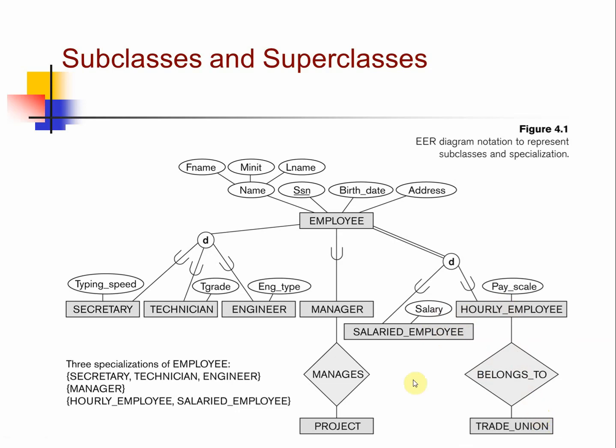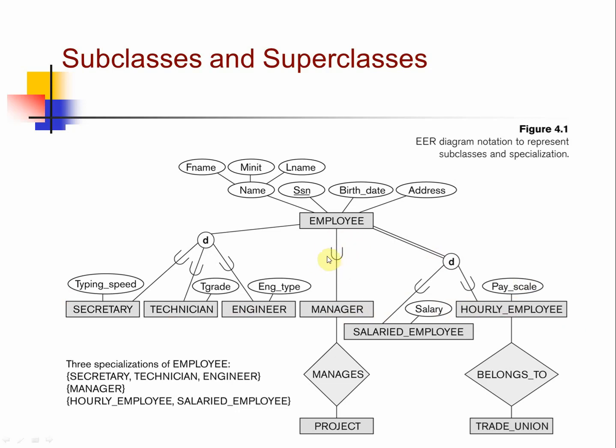So you can see that based on this EER diagram, of course, the difference is that you have the superclass and subclass concept. You may already notice, first of all, this special sign looks like a fork to me, indicating the superclass and subclass direction.